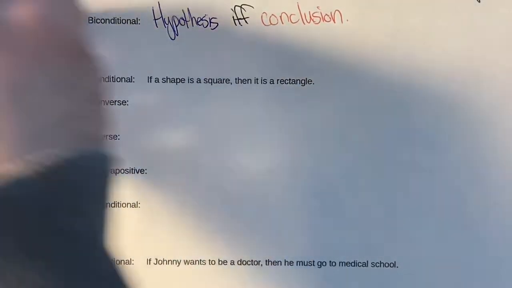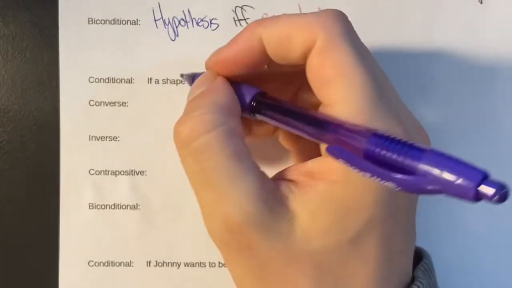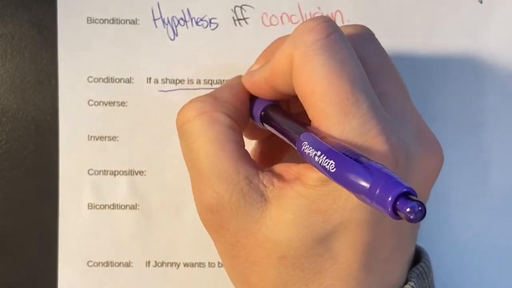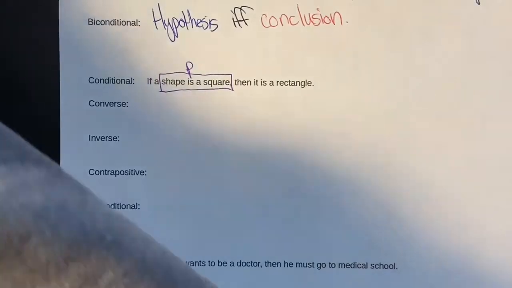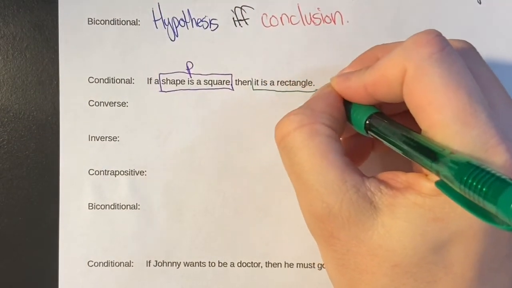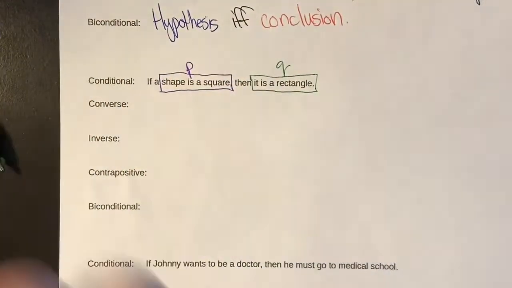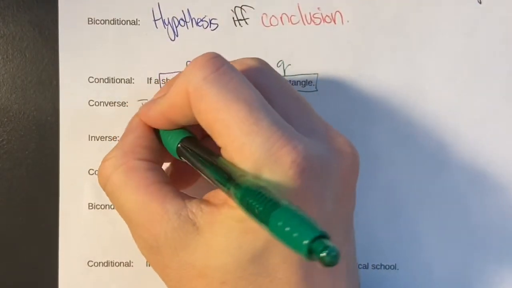So what did I do? Blue and red. Let's do purple and green. A shape is a square is going to be my hypothesis. And my conclusion is it is a rectangle. So the converse is when you take it and flip it around.